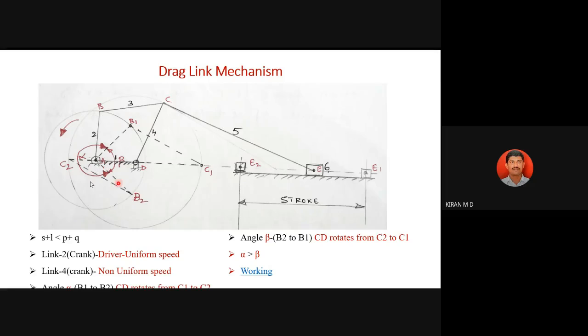Because the crank B is rotating at uniform speed, moving from E2 to E1 takes more time. When moving from B1 to B2, that is from E1 to E2, it takes very little time because alpha is greater than beta. So it takes very little time. Is it clear?